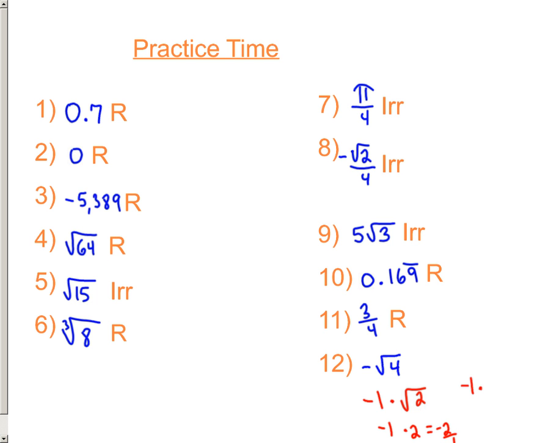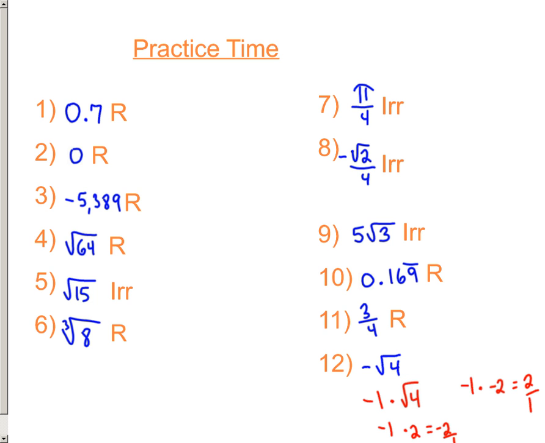It could also be -2, times -1, which equals +2, which, hey, we already know we can turn that into a fraction.